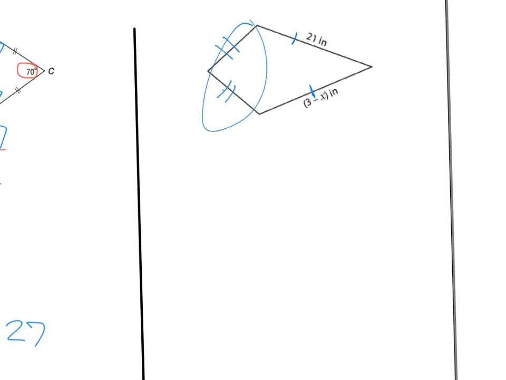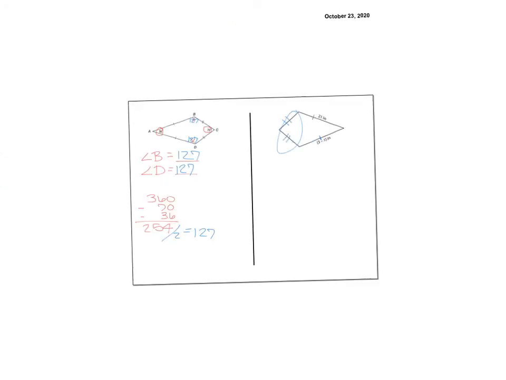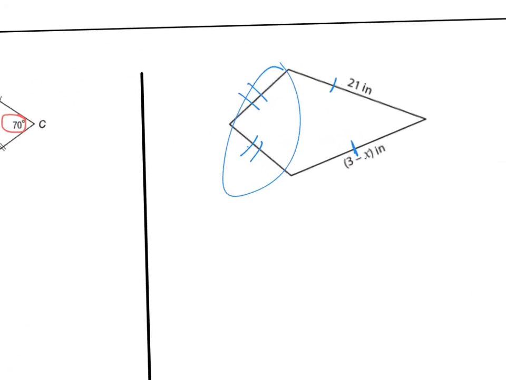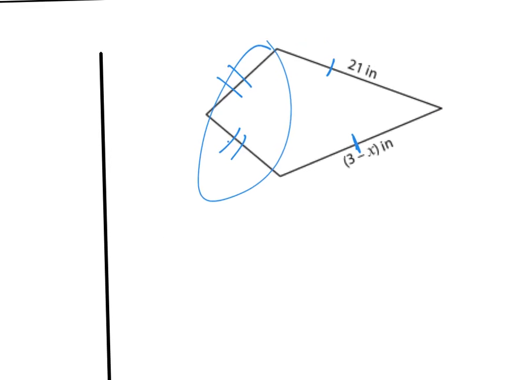Now I don't really need to do anything with that part of the kite because we don't have any values for it. But here we have these values. We have that one side of this kite is 21, and that's congruent to the side that's 3 minus x. Now the IN here just stands for inches. You don't need to worry about that when you're doing your math, right? It's just a unit label.